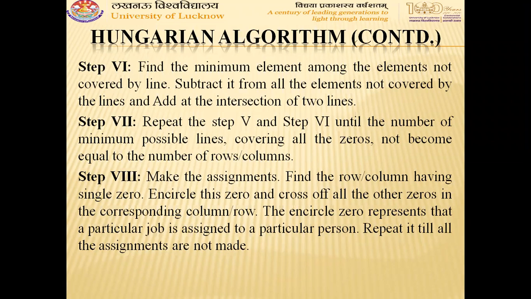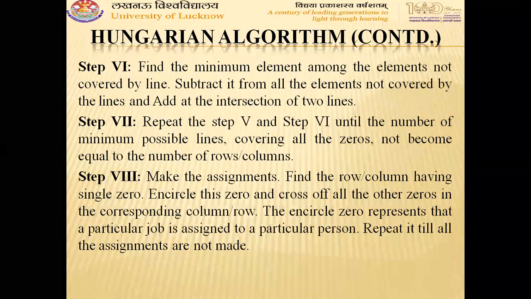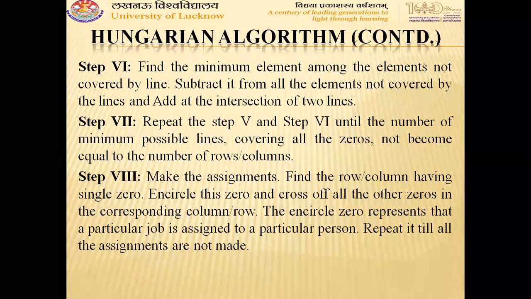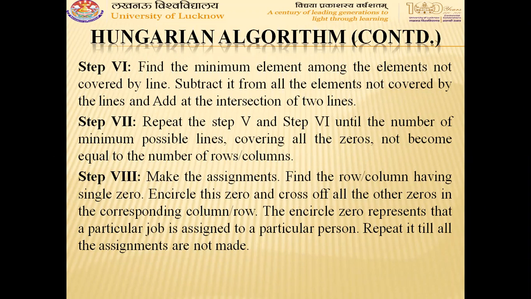Next step says make the assignments. For making the assignments, we consider the assignment matrix having zeros only, and all the other quantities, which are positive quantities, are removed from the assignment matrix. Then we encircle the zero which is alone in the row or the column.